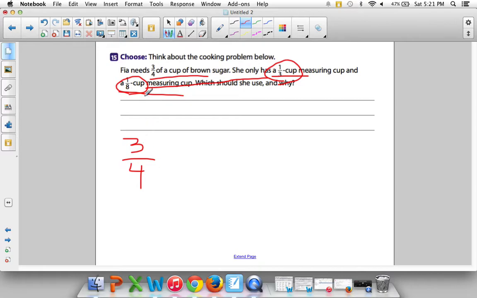Can I create an equivalent fraction to 3/4 with? Which one of those, specifically on the denominator, the bottom number, either the 8 or the 3, can I transform into a 4?